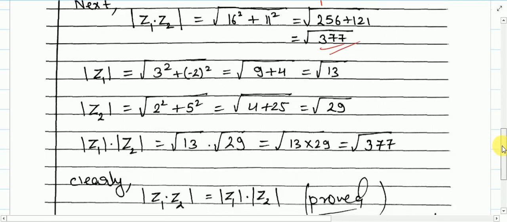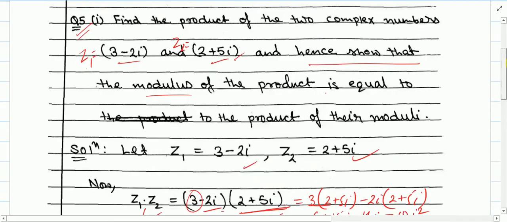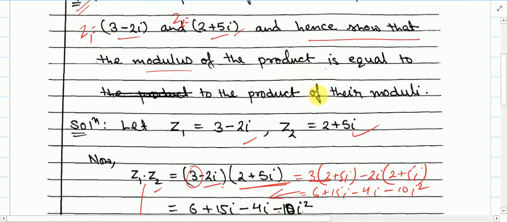Leave it till there. Now what you do is, they are saying that we have to show that this is equal to this. Because here they are saying hence show that the modulus of the product is equal to the product of their moduli. So this is modulus of Z1, this is modulus of Z2, and we are taking their product. We have already found this. Now we'll find this one separately, and then we'll take their product.